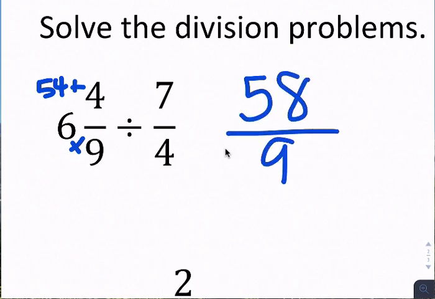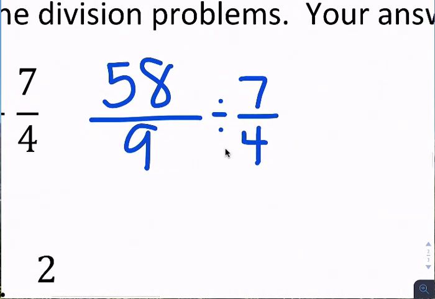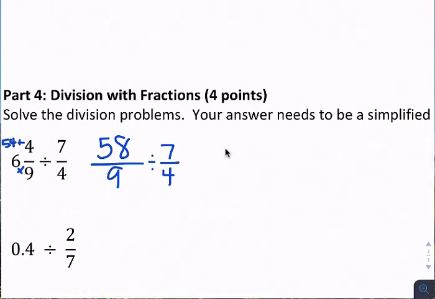And our denominator stays the same. And then we're dividing by 7/4. And now we can do our keep, change, flip. We're keeping 58/9 the same, changing division to multiplication, and multiplying by the reciprocal. Our reciprocal is 7/4.